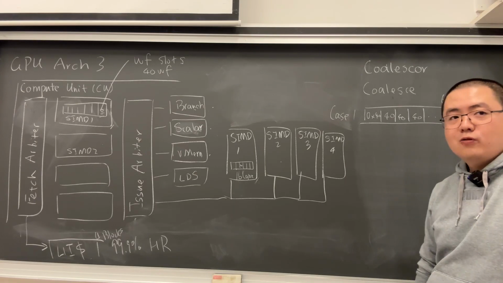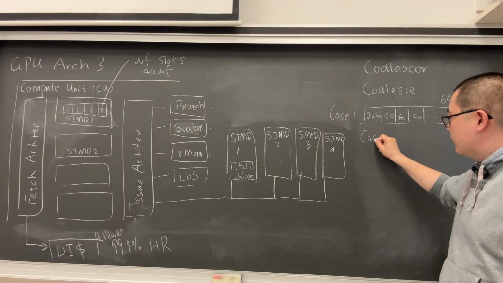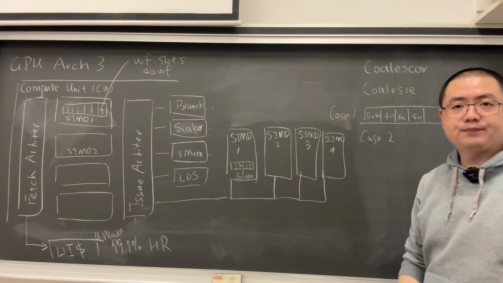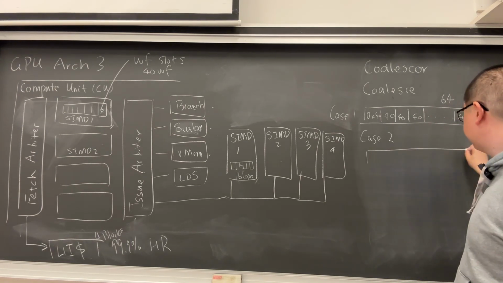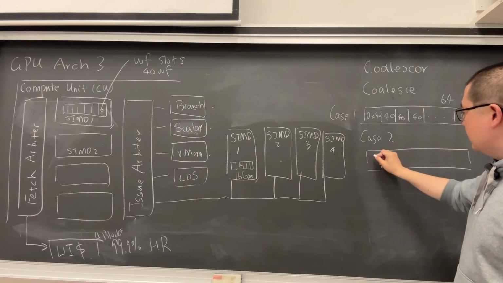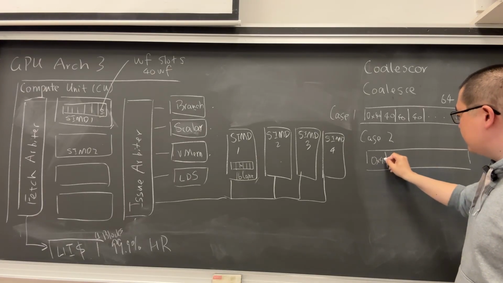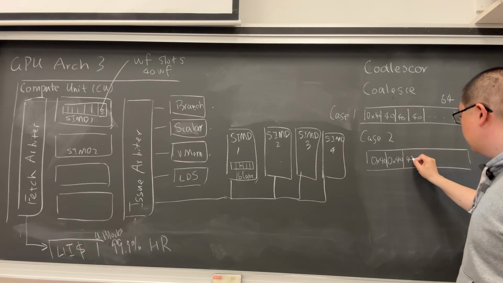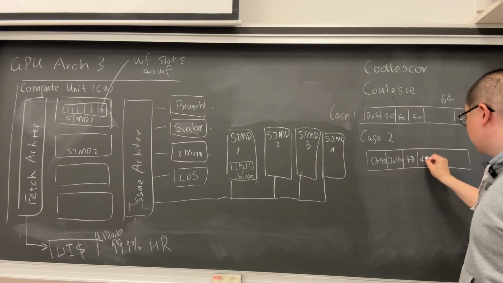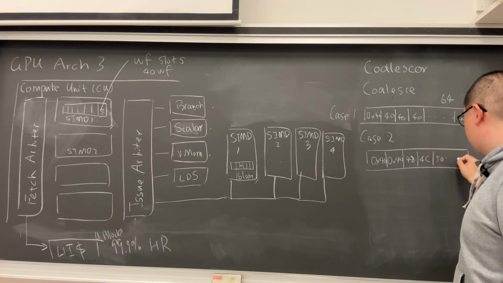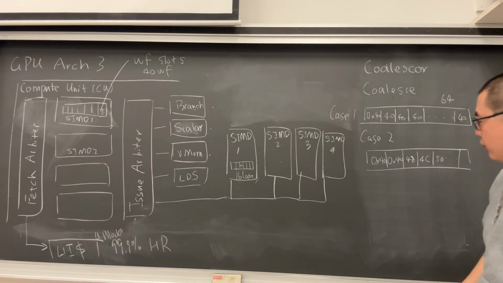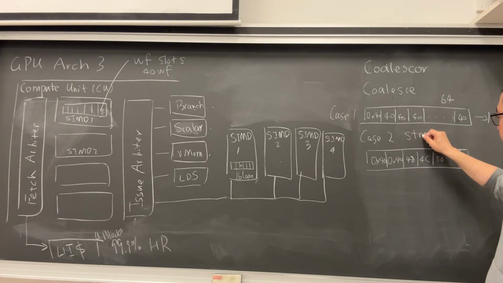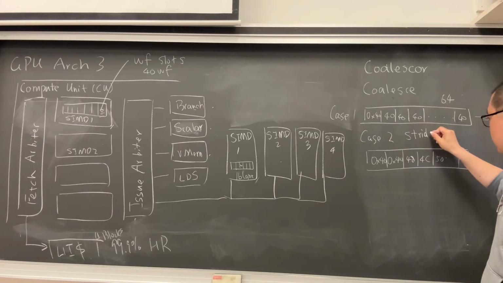But we cannot always expect these good cases. So what is case 2? A more common case is we have a regular stride. So what is a regular stride? This is loading 0x40. This is loading 0x44. Then 48, 4c, 50, and so on. Okay? There's a term here called stride.